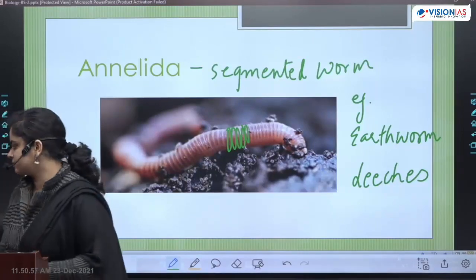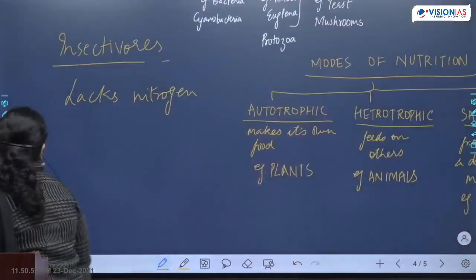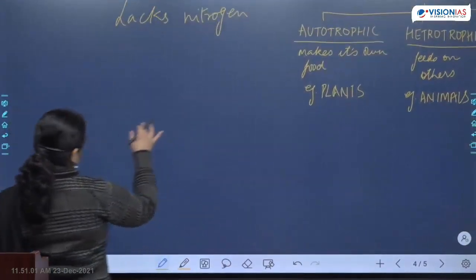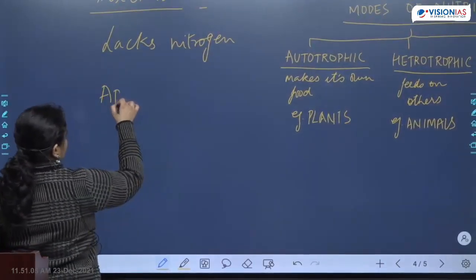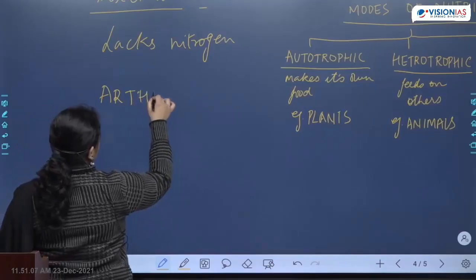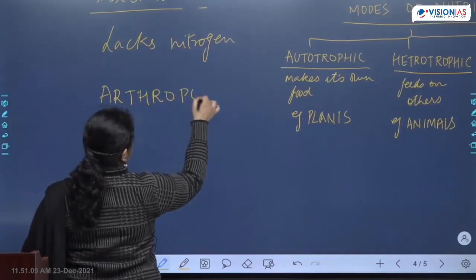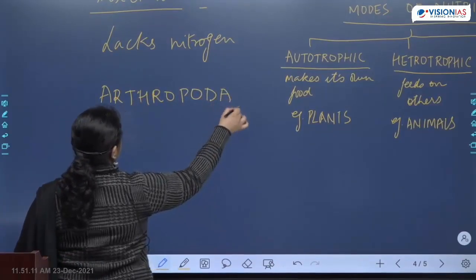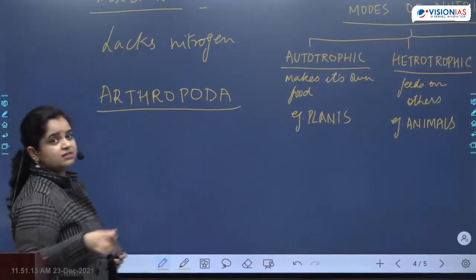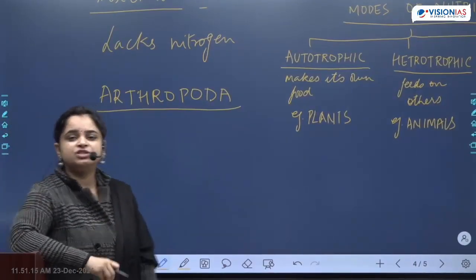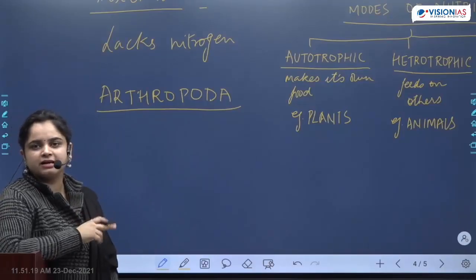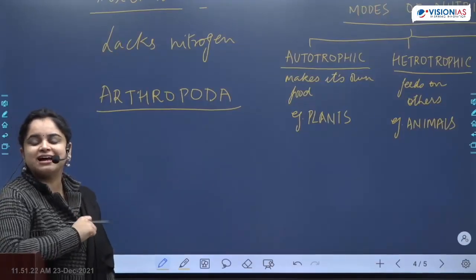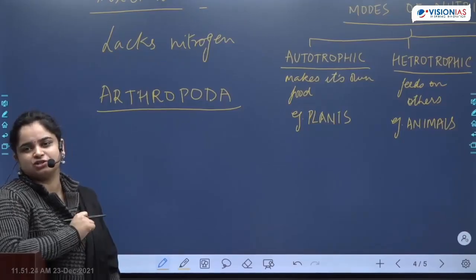Next is a category called arthropods or arthropoda. This is now a group which is most abundant. So in the whole of animal kingdom, this is a group which has maximum number of species.